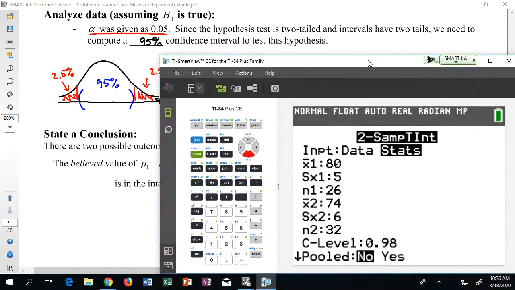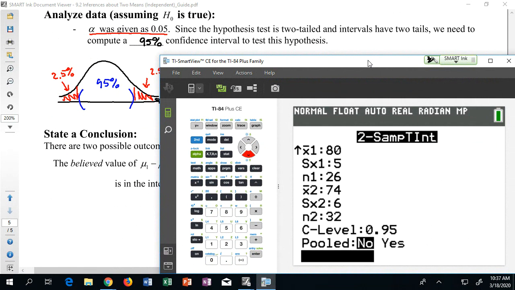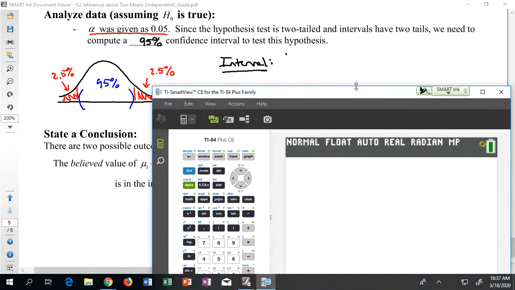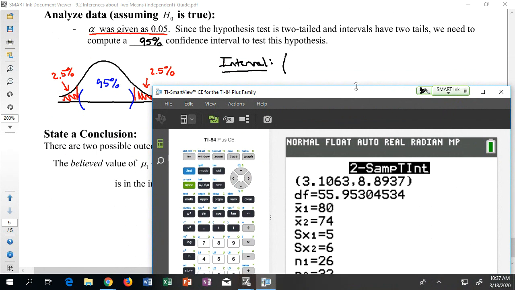My confidence level is not supposed to be 98. I want it to be 95. I'll still always select pooled as no, and I'm ready to calculate. Looks like the interval that I'm going to construct is 3.1063 to 8.8937. So that looks perfect.